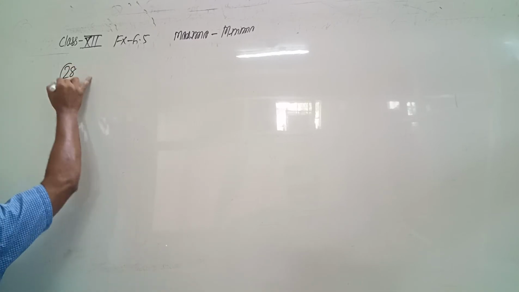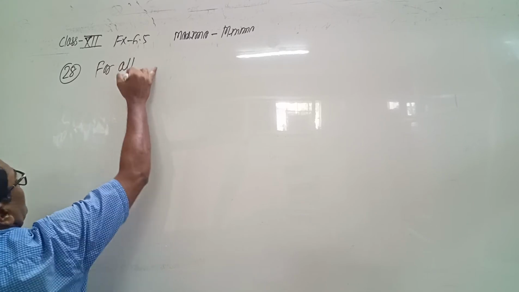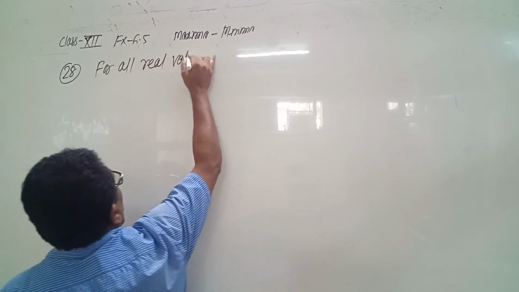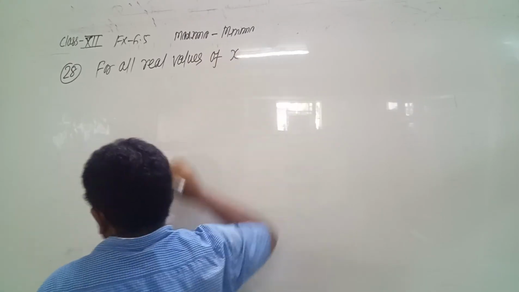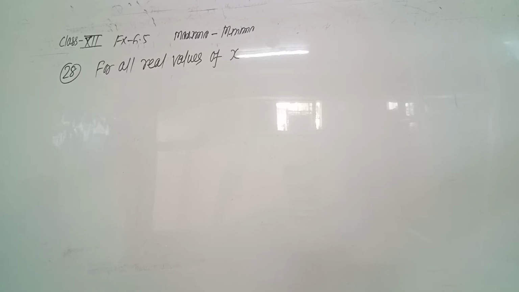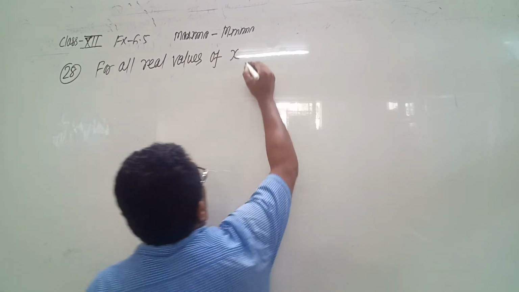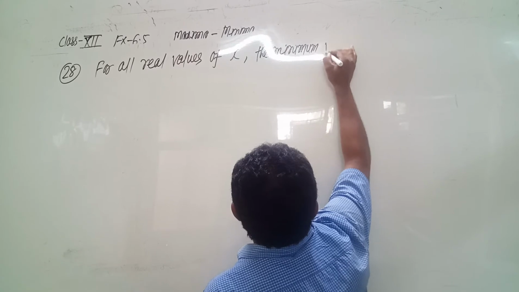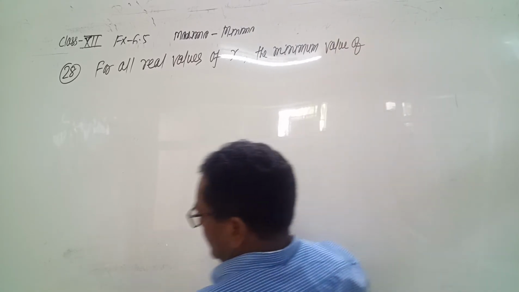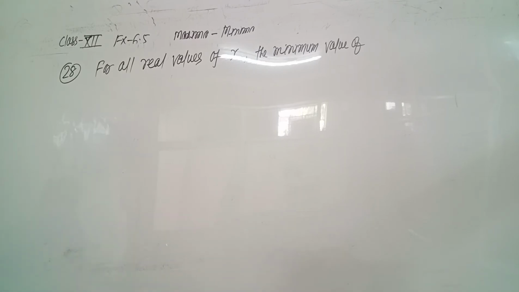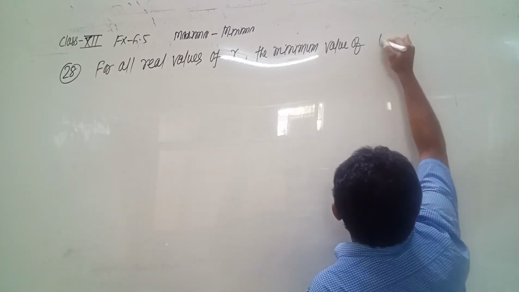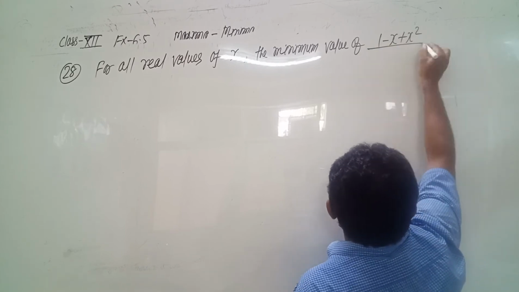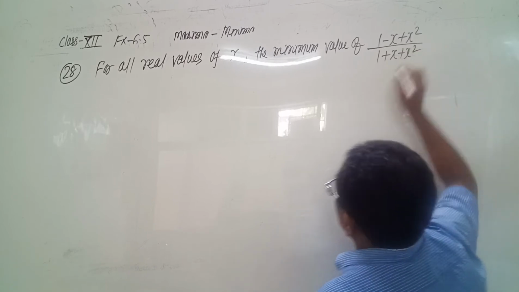Question number 28. For all real values of x, the minimum value of 1 minus x plus x square upon 1 plus x square.